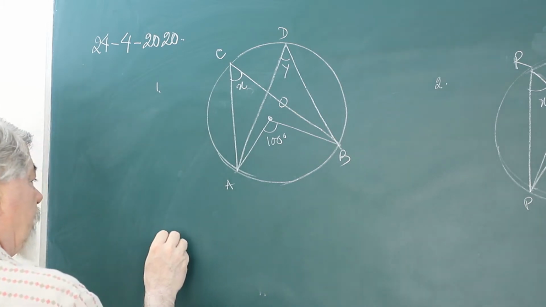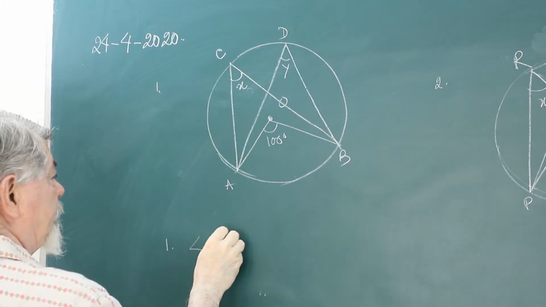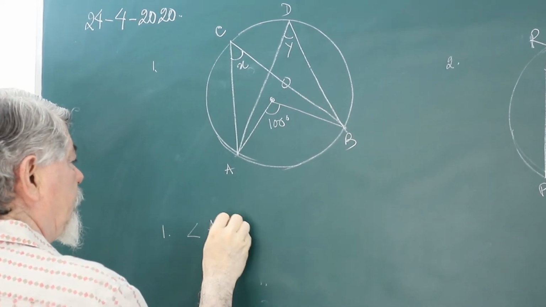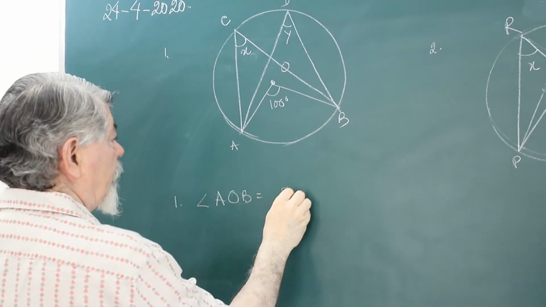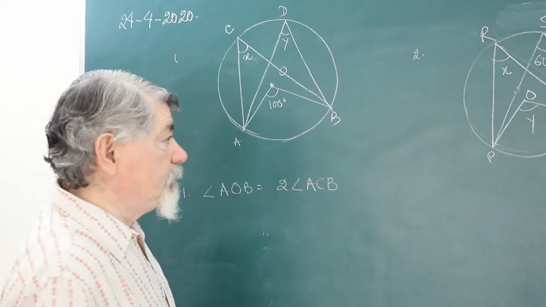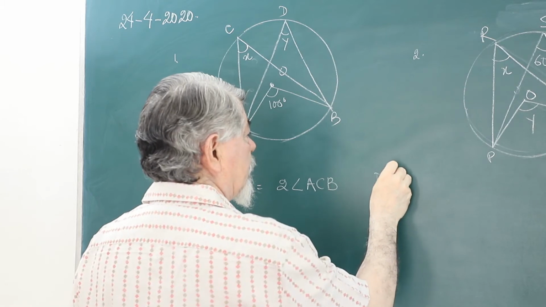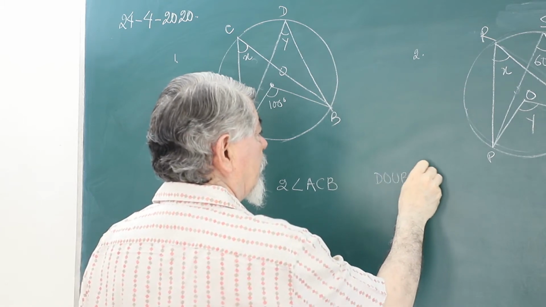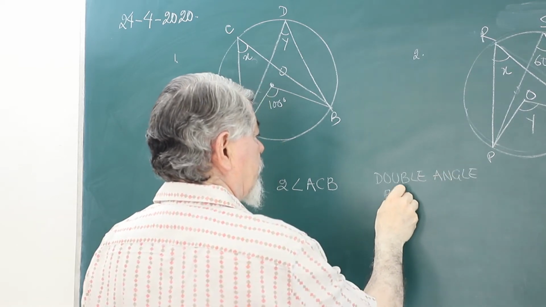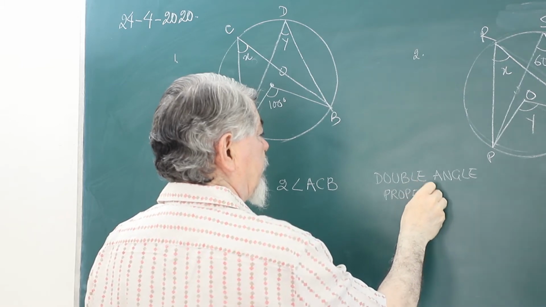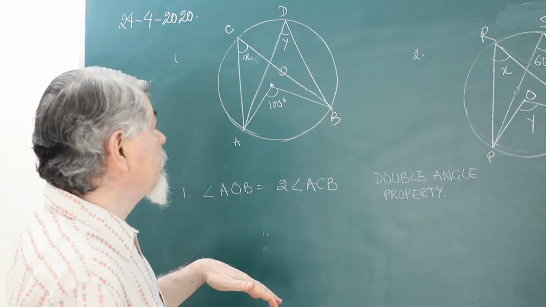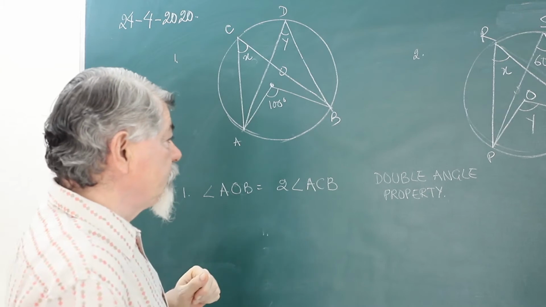So I would say that angle AOB is double of angle ACB. The reason being the double angle property, angle at the center: the angle at the center is double the angle subtended by the same arc at the remaining part of the circumference.